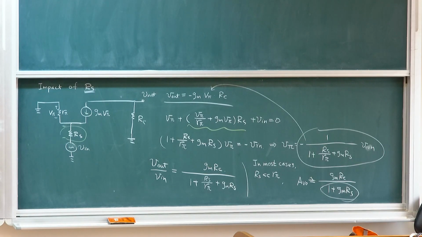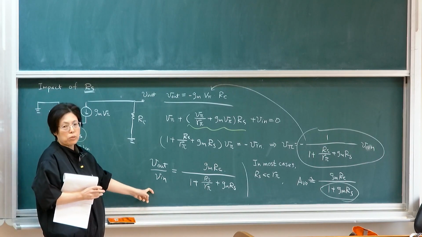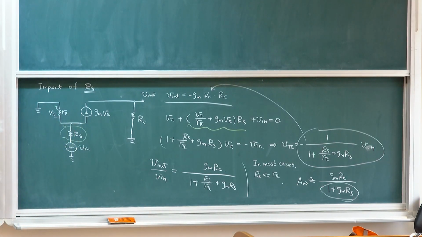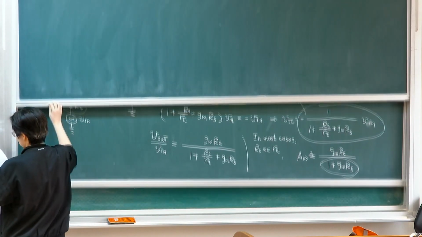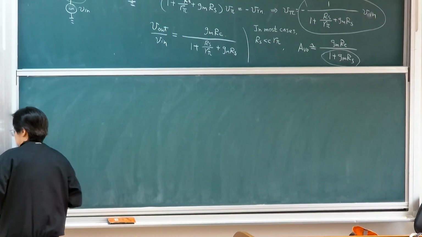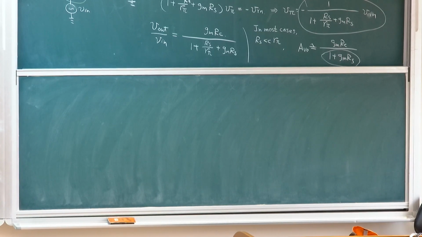And because the common base stage is not an ideal voltage amplifier, if you have some source resistance at your source, then this will lead to some attenuation of your amplification. Okay? The impact of source resistance, other than affecting the voltage gain, will also affect output resistance, the same as when we talk about emitter degeneration.